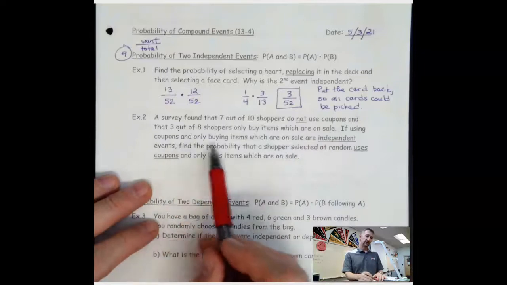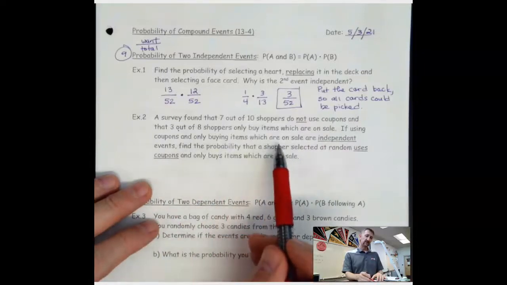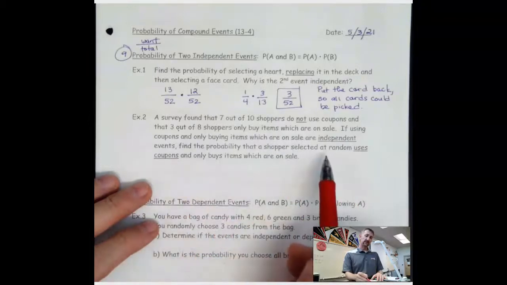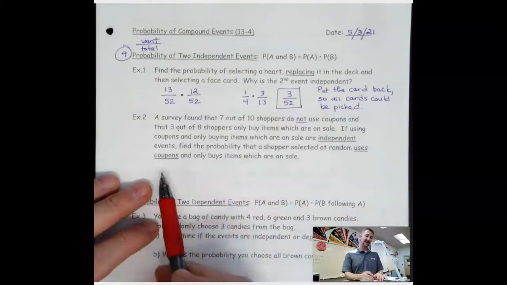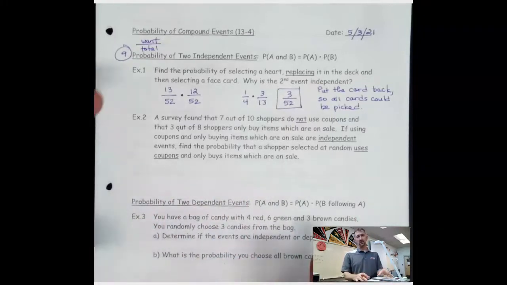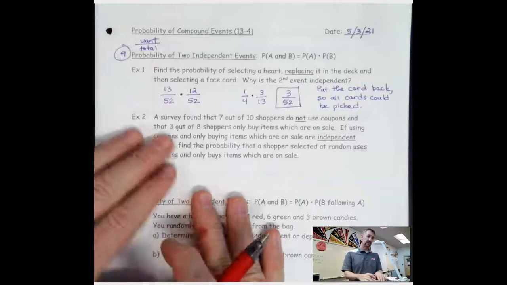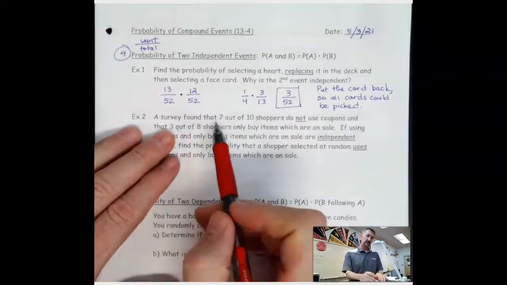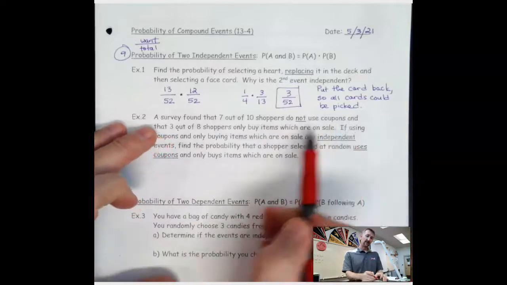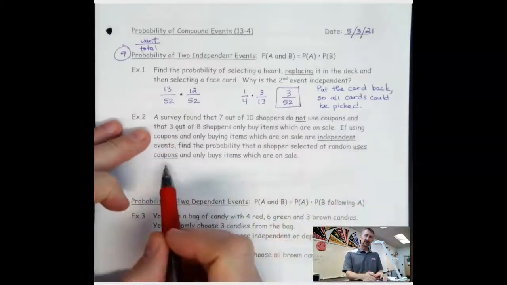If using coupons and only buying items on sale are independent, find the probability that a shopper selected at random uses coupons and only buys items which are on sale. Okay, that's a lot of words. That's a long question, so let's try to break it down a little bit here. A survey found out that 7 out of 10 shoppers do not use coupons. But then down here, they're asking us about the probability that a customer does use a coupon.